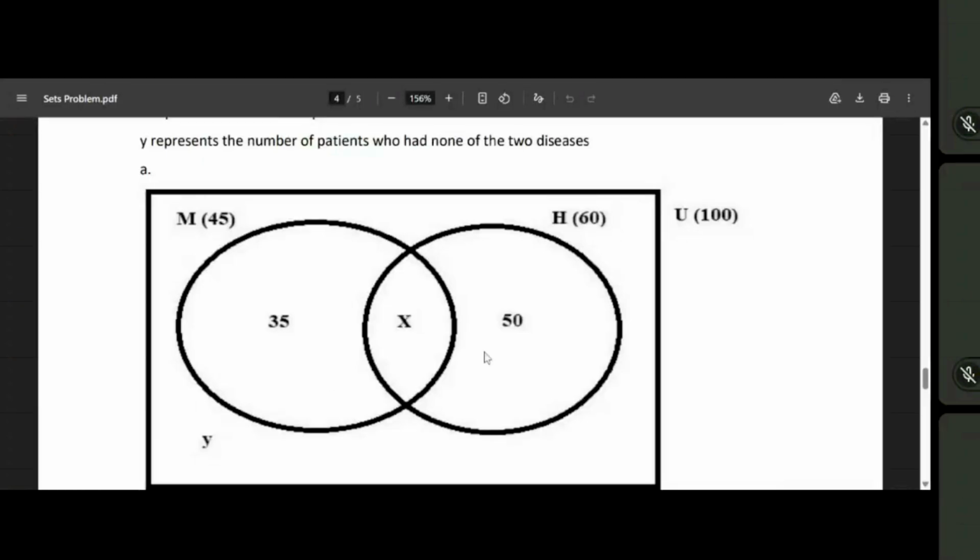So, how do we get our X? You say you have your patients in the hospital. Maybe sometimes you use this to solve some financial conflict. They told you that, oh, there are 45 malaria patients and 60 hypertension patients. Then, you use your calculator.